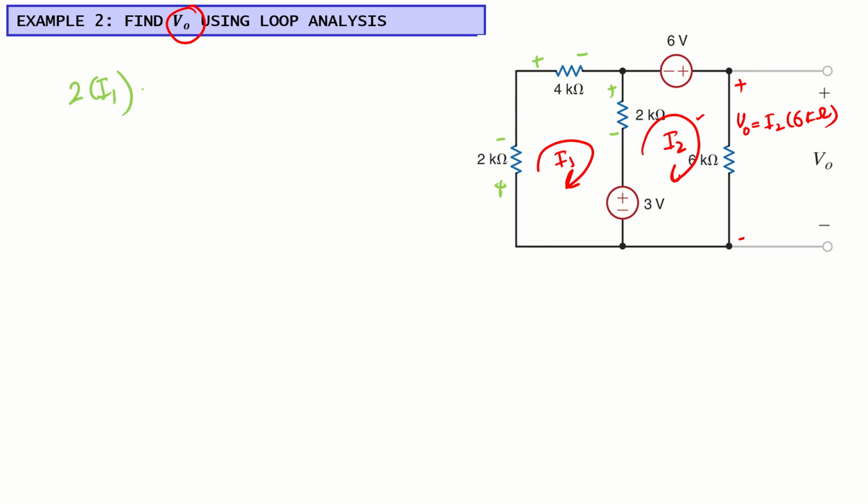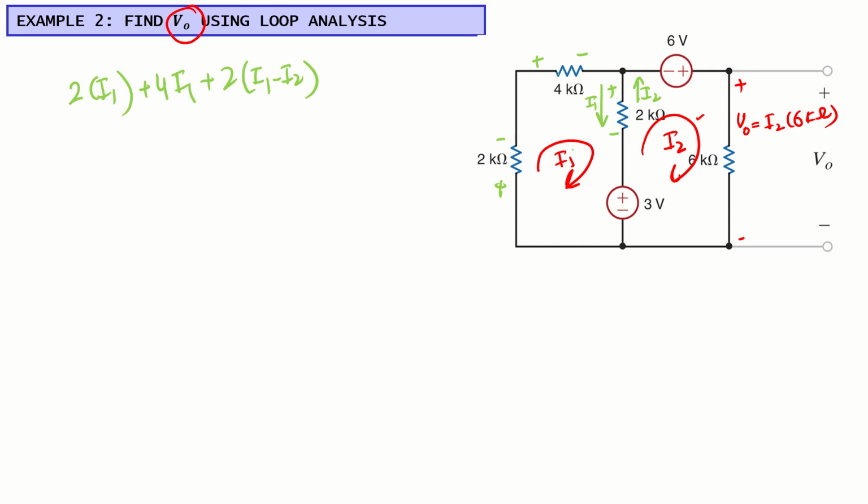Plus 4 times I1, the voltage drop here, then 2 times this resistor. Through this resistor two currents are flowing: I1 flowing this way and I2 flowing this way. So the current through this one will be I1 minus I2.